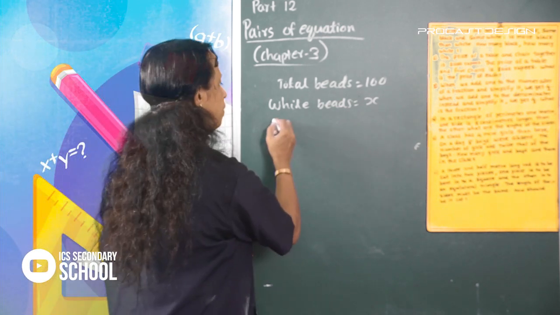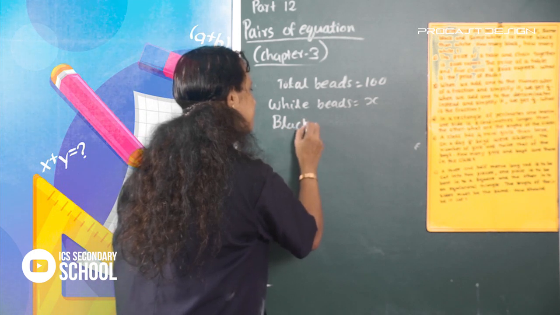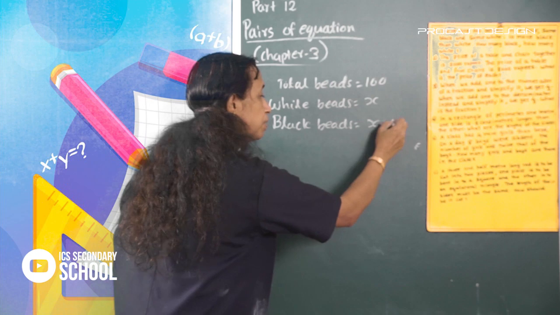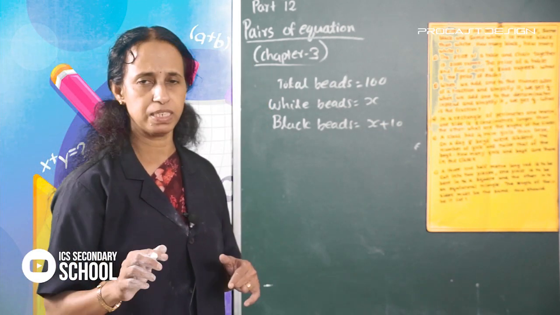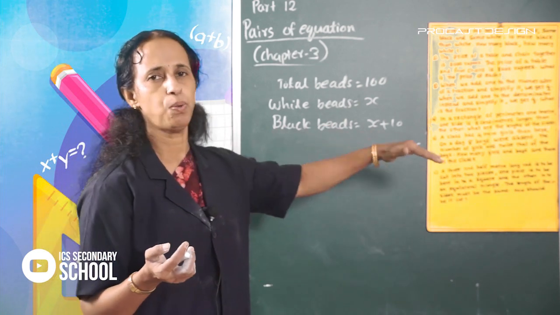Black beads equal to x plus 10, because black beads are 10 more than white. So black beads equal to x plus 10.